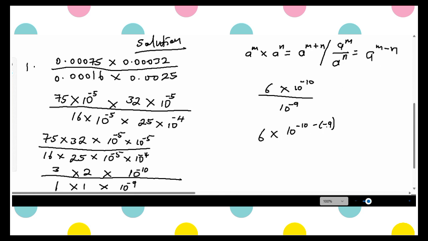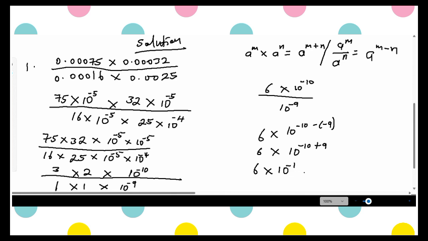So we have minus 10 minus negative 9. So the negative becomes what? Positive. We're going to have 6 times 10 raised to the power minus 10 plus 9. So we have 6 times 10 raised to the power of minus 10 plus 9, which will give us minus 1.